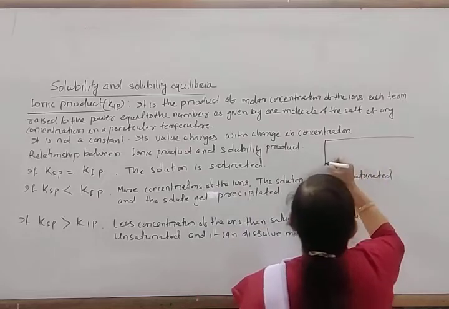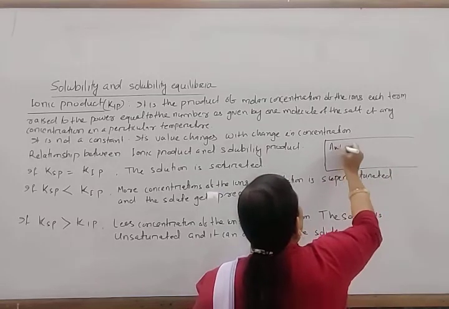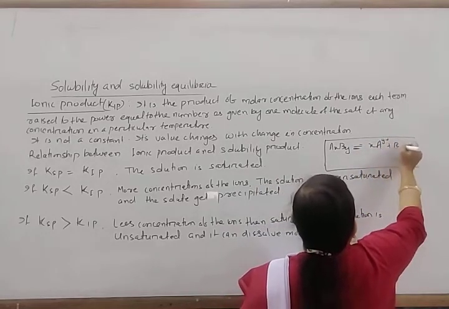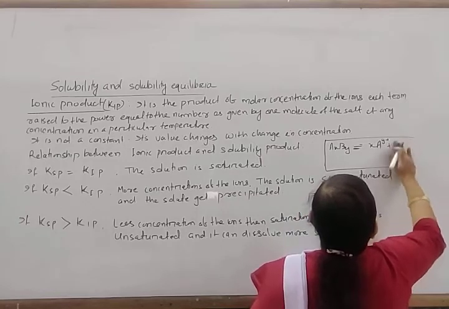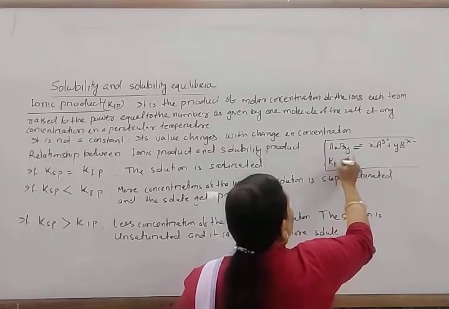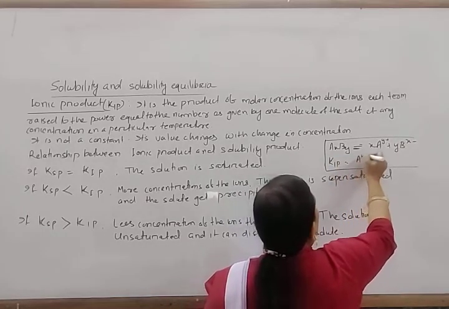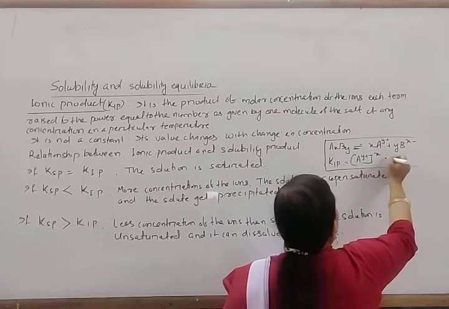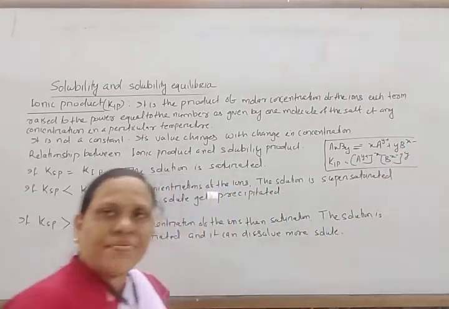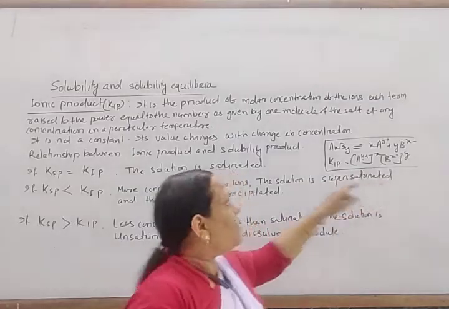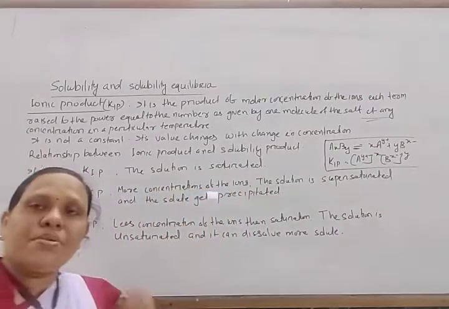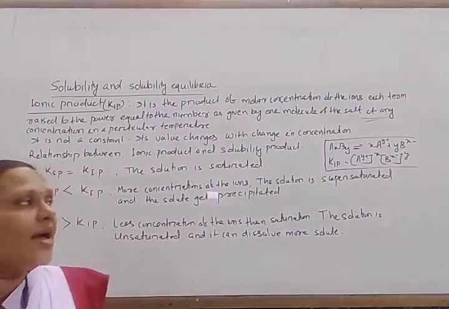If the salt is AxBy and gives rise to x number of A^y+ and y number of B^x-, then Kip is also the product of [A^y+]^x into [B^x-]^y. This is the same expression, but at any concentration of a given solution. It may be saturated, unsaturated, low concentrated, or highly concentrated.